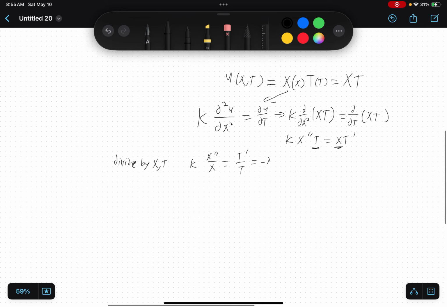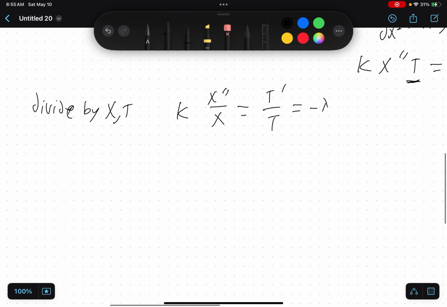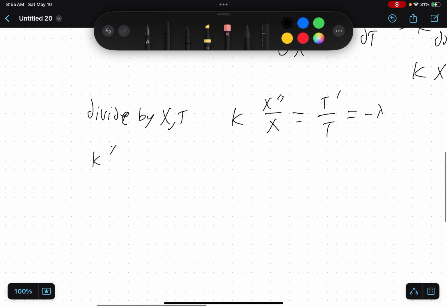Okay, this means we have two equations. We have k X double prime over X equals negative lambda. Actually, I also divided the k over down there, which does make sense and makes the math easier.